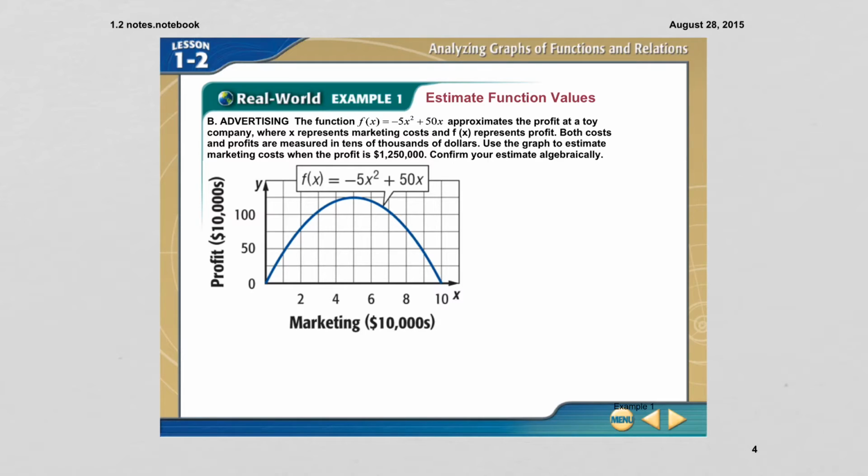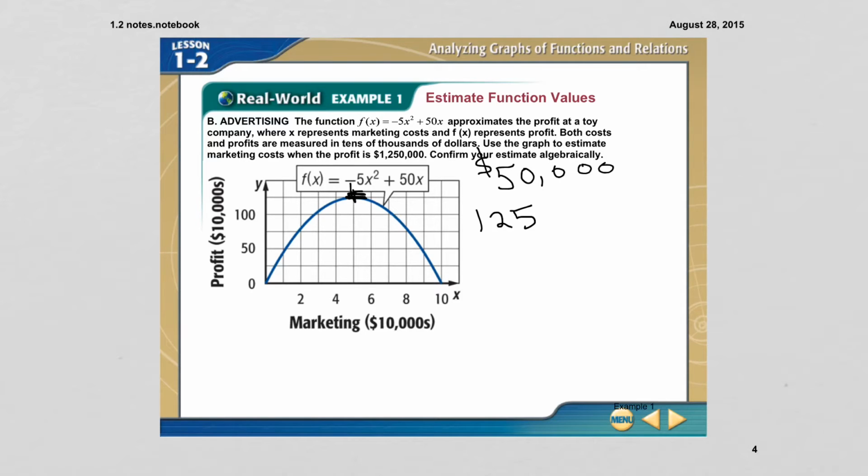So to do it algebraically, our f of x is 125. Now just looking at it graphically, I'm going to go to 125, which is about right here, and I'm going to say that my marketing cost is going to be 5, or 5 times 10,000, $50,000. That's my estimate by looking at the graph.